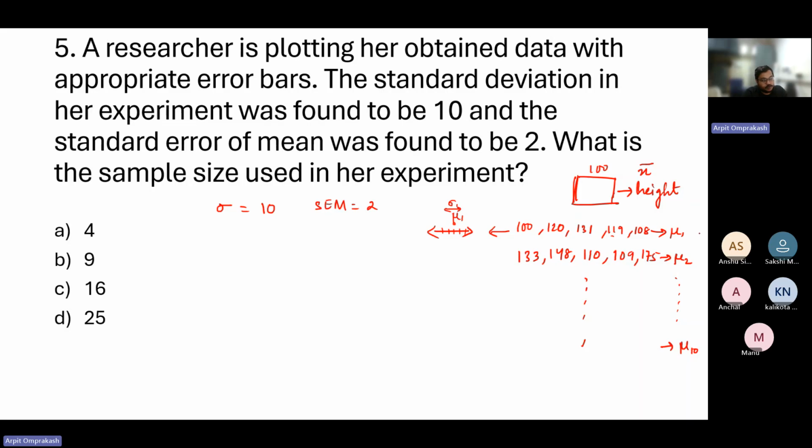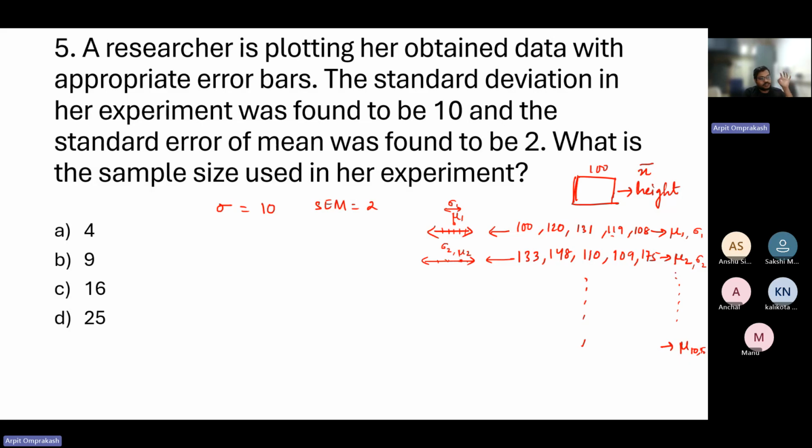So we'll have a mu1 and a sigma 1. For another set of data, if we plot it on the line and calculate these statistics, we might get a slightly different mean, mu2, and a slightly different standard deviation, sigma 2, and so on and so forth till mu10, sigma 10.